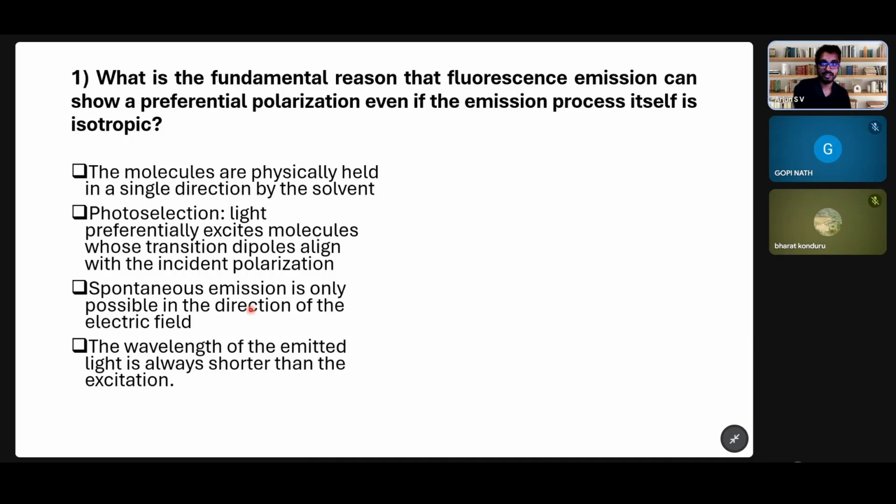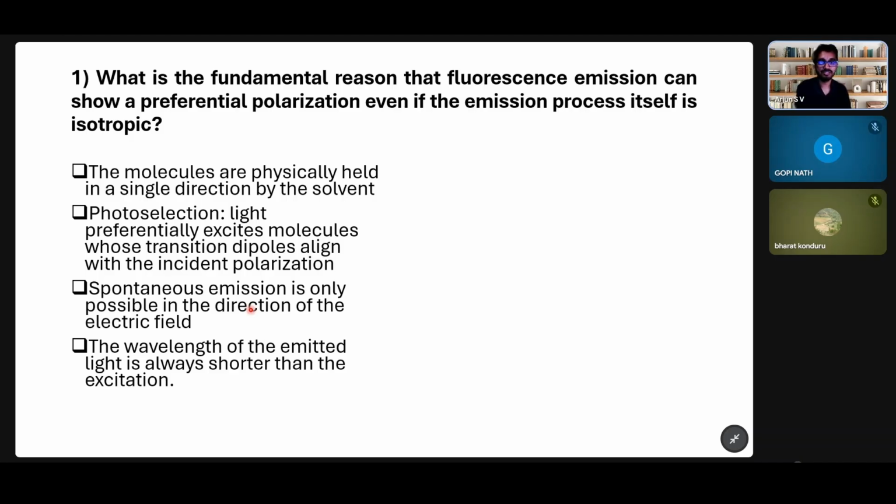Another is that we are referring to emission here in a broader perspective, so it involves both spontaneous as well as stimulated emission. And just because we discussed this, three cannot be the right answer as well.